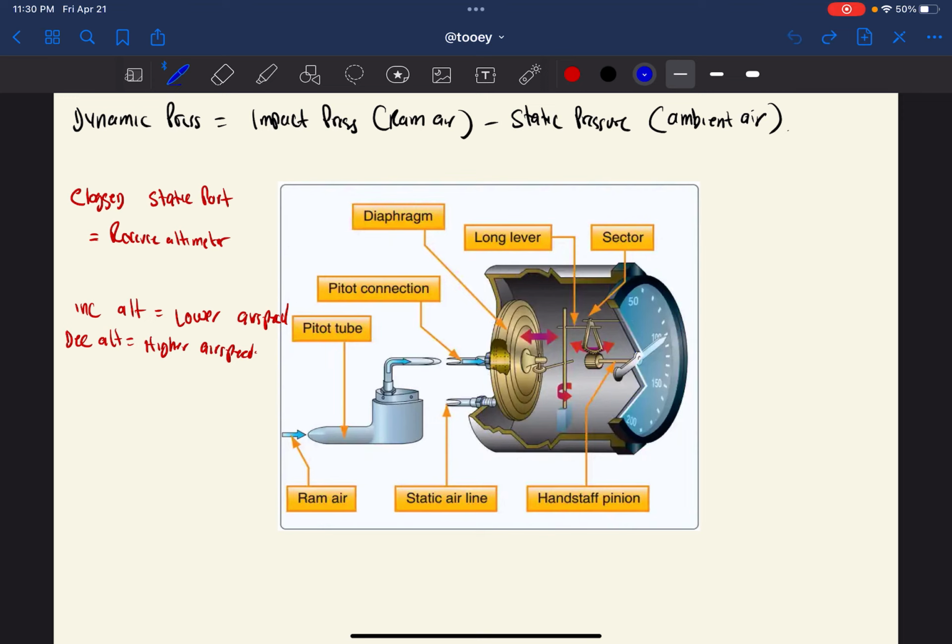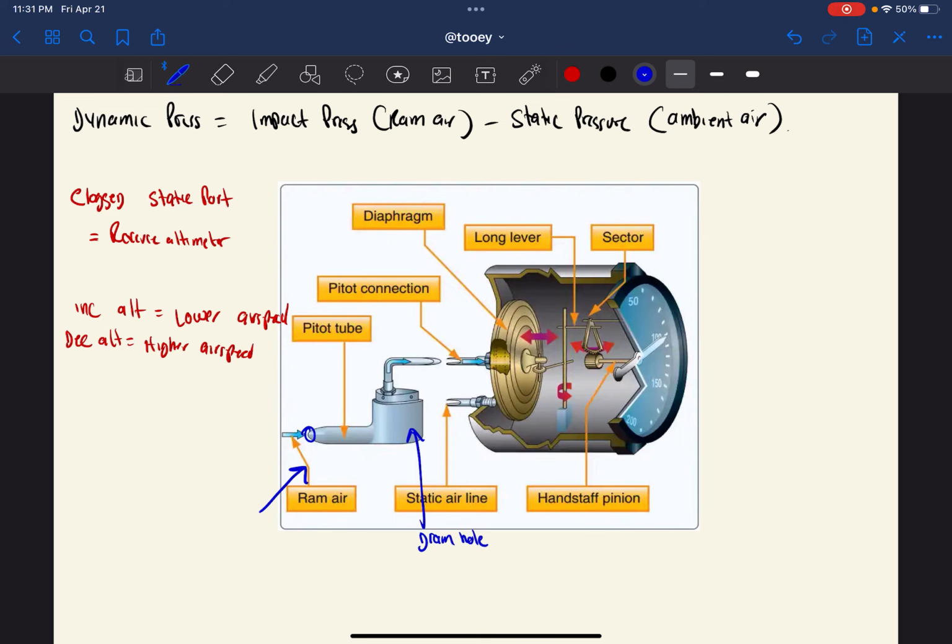Okay, moving on. Let's talk about if the pitot tube is clogged. At the pitot tube, you have the opening in the front, and then you have a drain hole in the back. It's a very tiny hole that allows moisture to sneak out as air is going in.